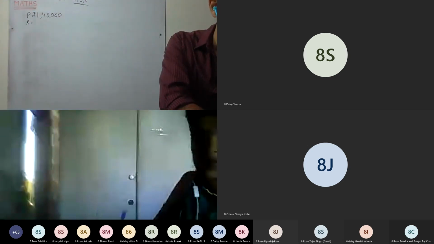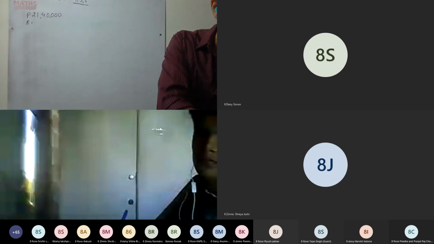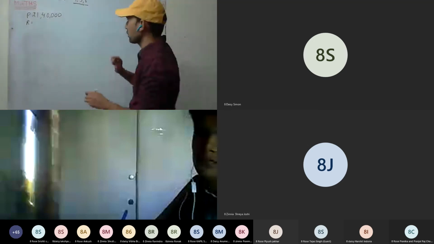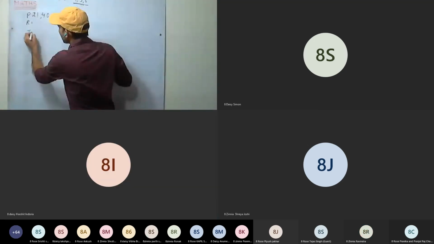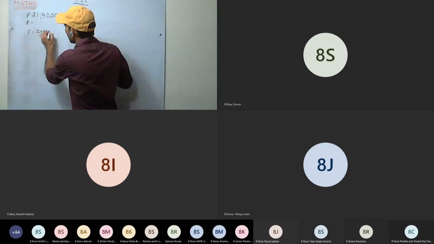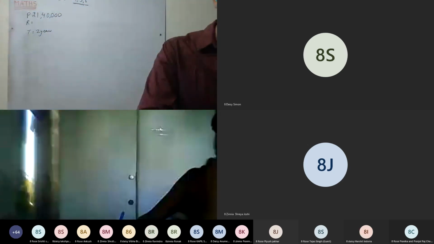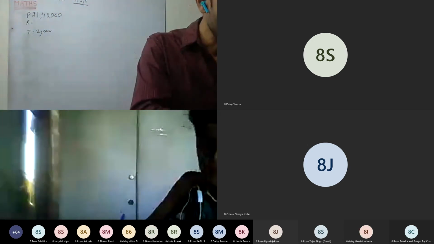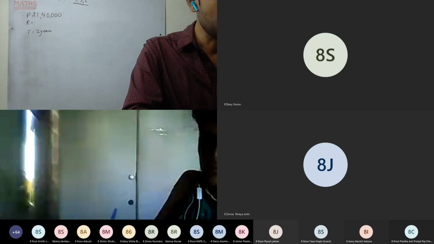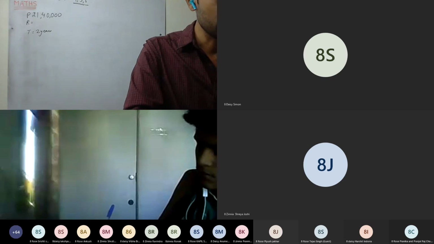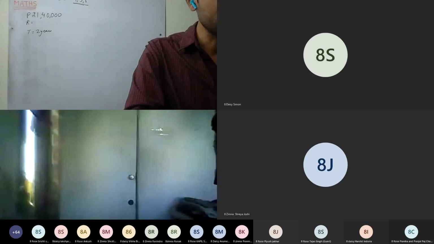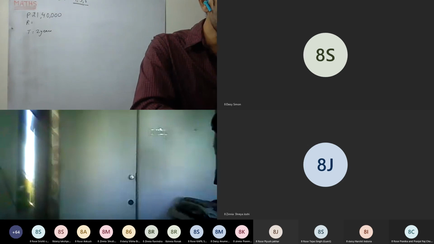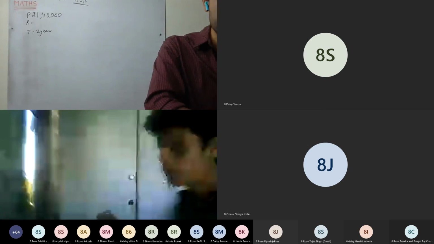Next question. From a bank. Rate is not given for the time being. Time is given, 2 years. Now see here how the rate is given. The man borrowed this much for 2 years, and we have to do compound interest, compounded annually. The rate of interest being 8% for the 1st year.